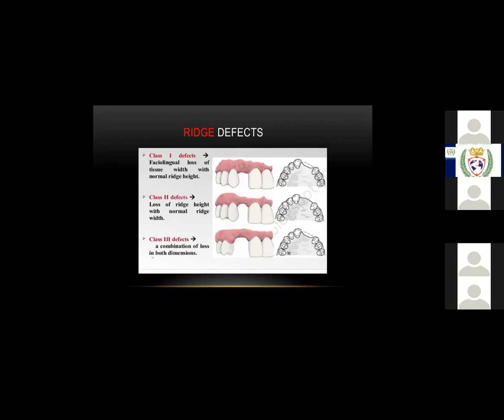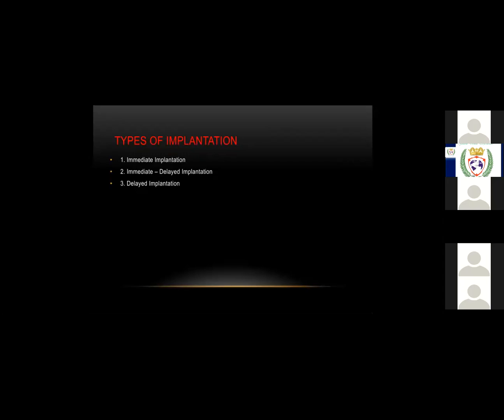Then class 3 defects, yes, they are a little complex, so you have to be very careful. You have to do some special techniques, maybe ridge splitting or bone grafts or something like that. They are the difficult cases which will pose a problem.